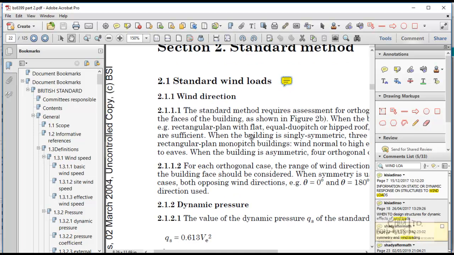So 2 orthogonal load cases, that's wind load in the x direction and in the z direction, are sufficient. However, the code also specifies that you must consider opposite directions to the orthogonal.